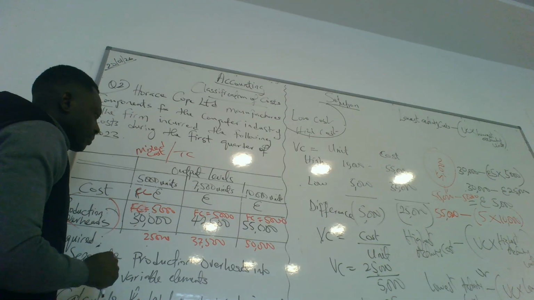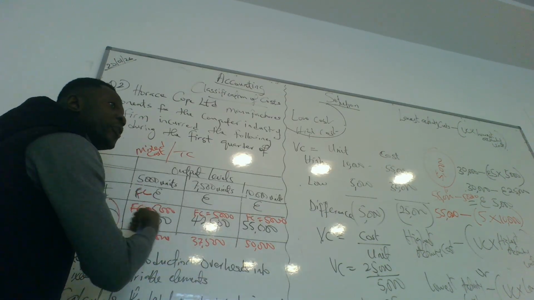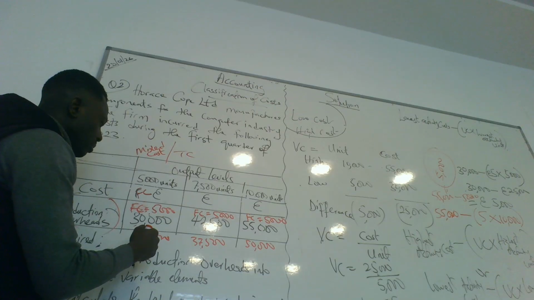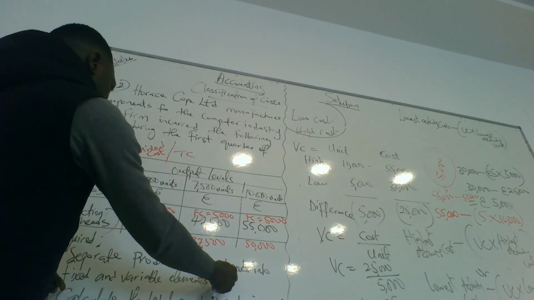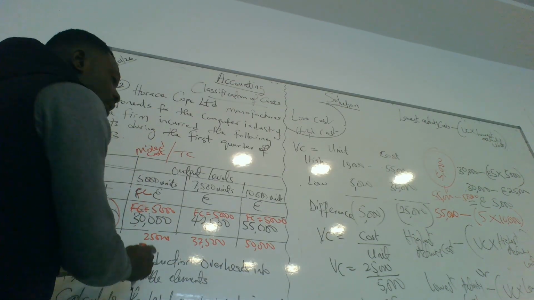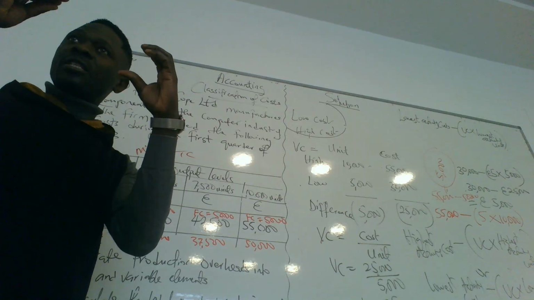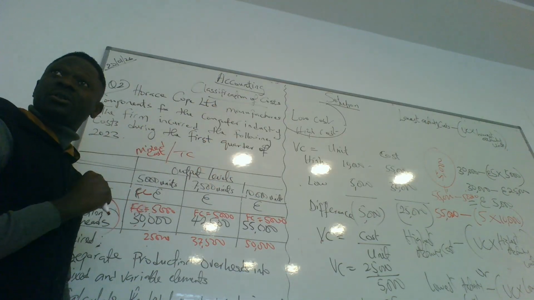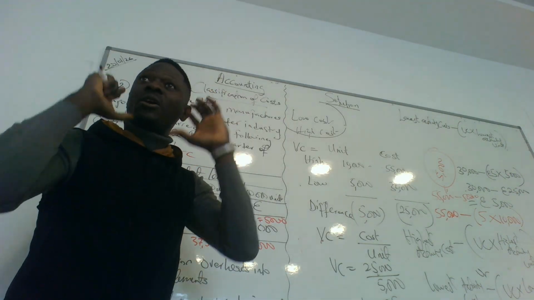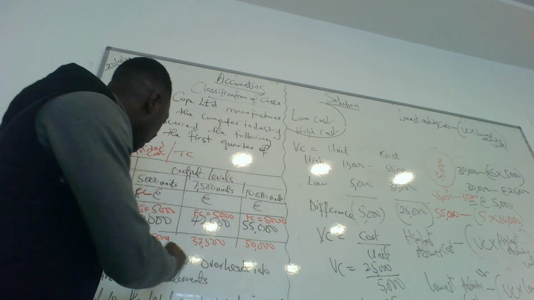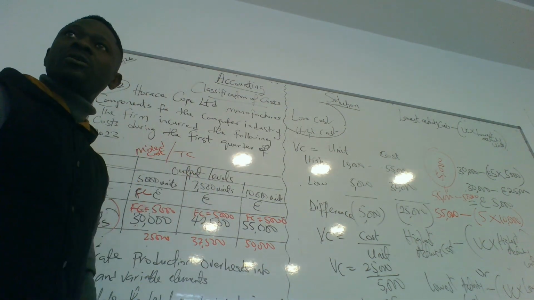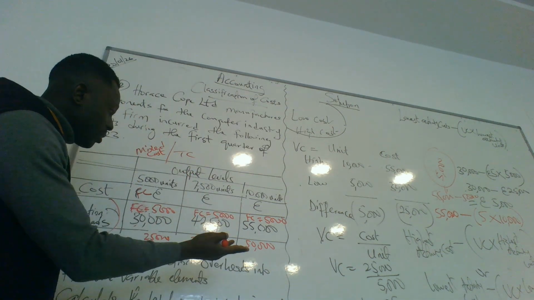You take away this 5,000 because it's the fixed cost. They said separate fixed and variable. So the total cost is 30,000, but now you have a fixed cost of 5,000. You take it away from there, the rest is your variable cost.